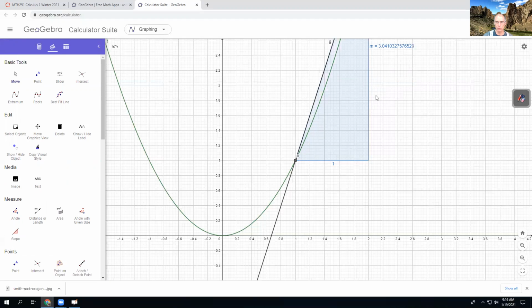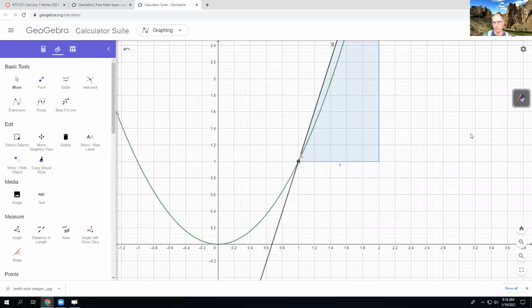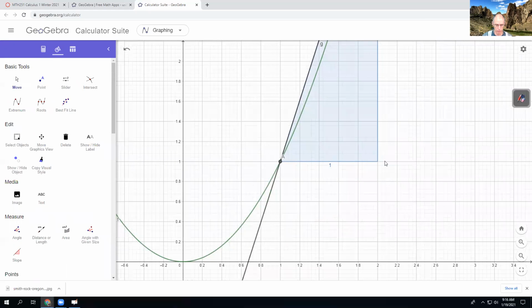Let's blow this up a little. Oops, whoa, what happened there? I have to use the zoom tool now. No, I want. It's not doing what I want. All right, probably can't undo it. Sorry, technical difficulties.